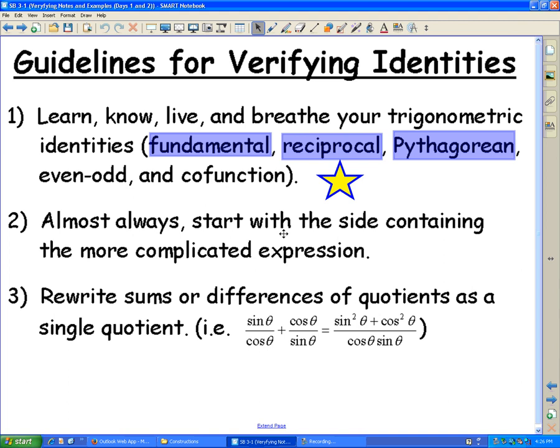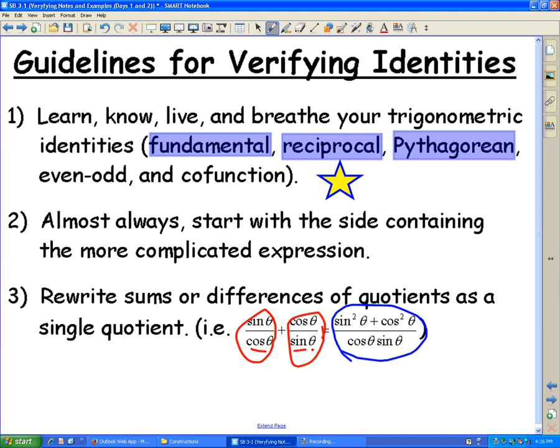Hint number 3, rewrite sums or differences of quotients as a single quotient. I really just call this put two terms together to make one term. If you look at the other side of an equation and you say, hey, this big ugly thing is pretty ugly, but it's just one single term, whereas on the other side I have two separate terms, then something that would be a good idea is for me to put these two things together, which would require a common denominator.